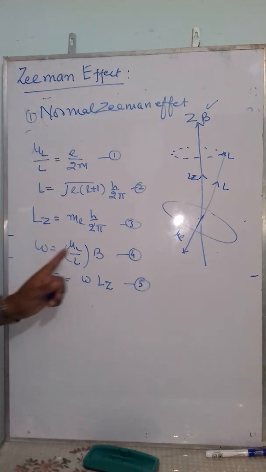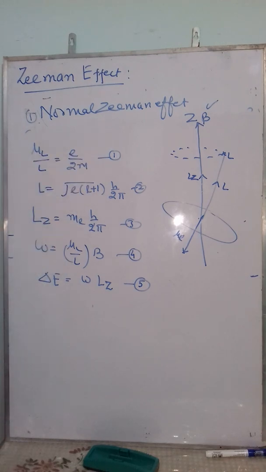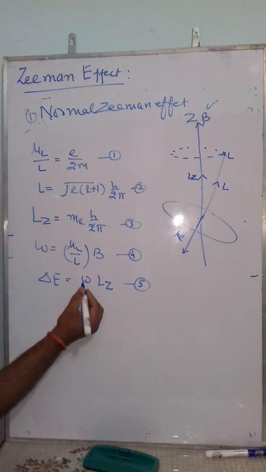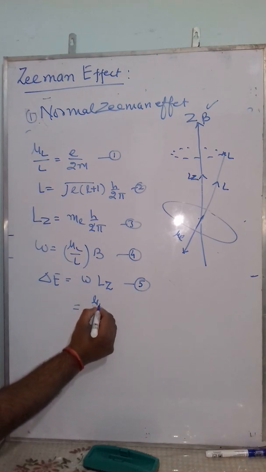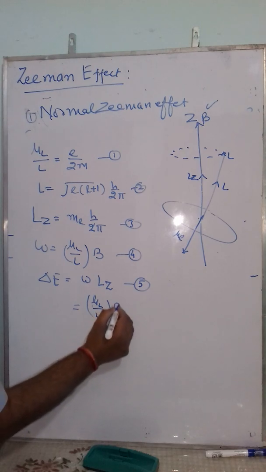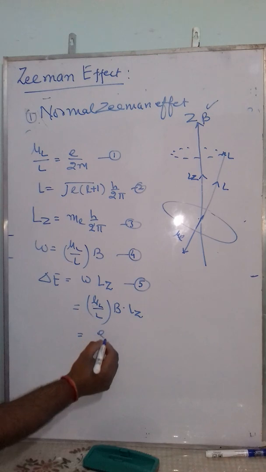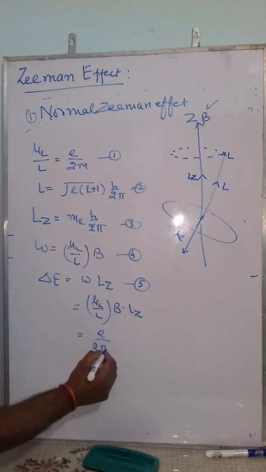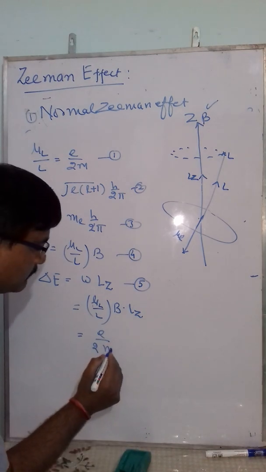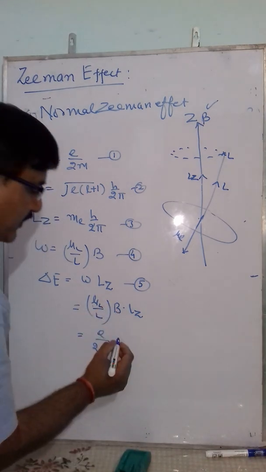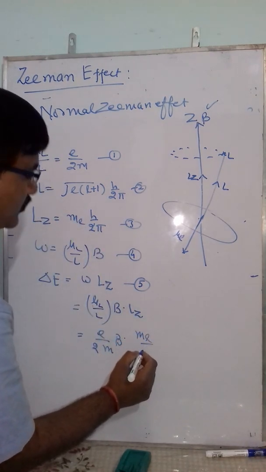This is equation number 5. Putting the value from equation 4 and mu L upon L from equation 1, omega into Lz comes out to be mu L upon L into B into Lz, that is e upon 2m into B into ml into h upon 2 pi.